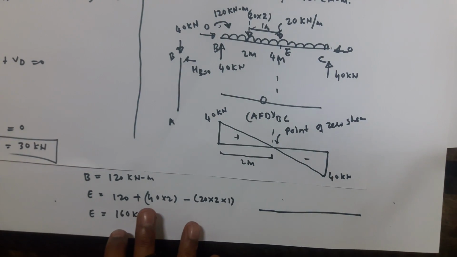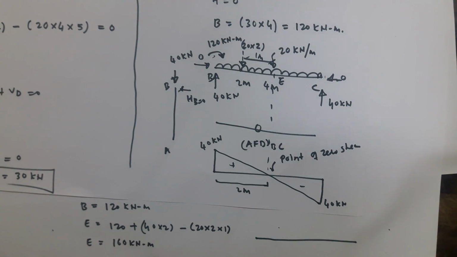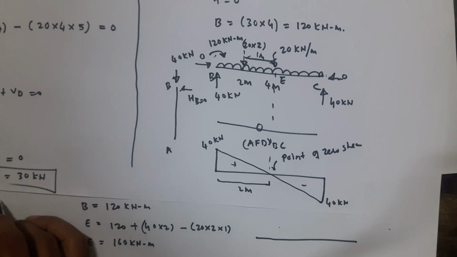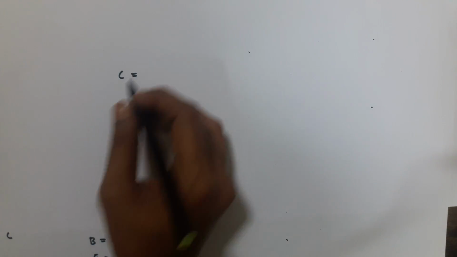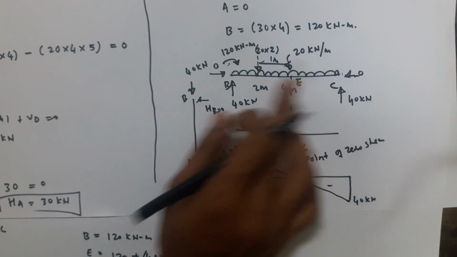Now we have to find the bending moment at point C. Bending moment at point C equal to, going from B to C, left to right.